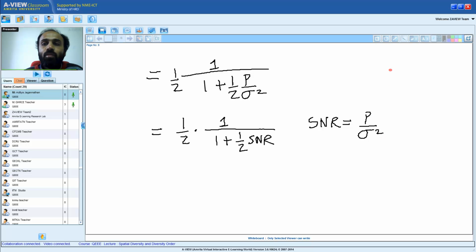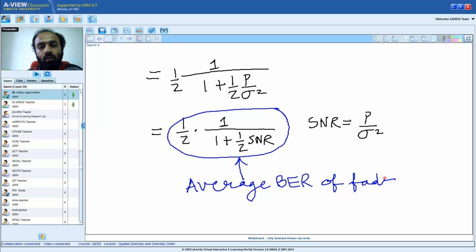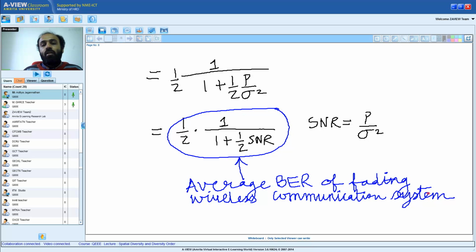Okay. So what we are saying is the bit error rate of this fading wireless communication system is the average bit error rate of the fading wireless communication system.